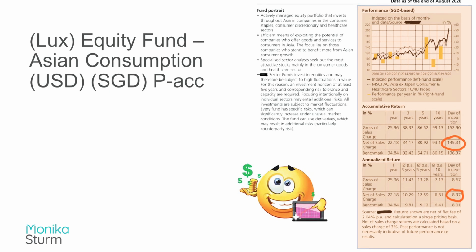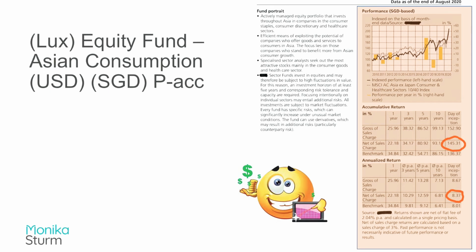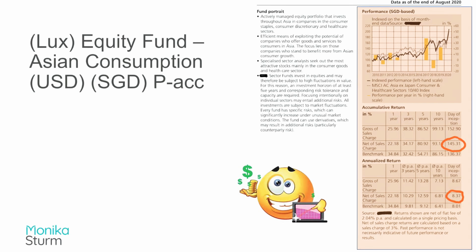The yellow bars reflect the year-on-year performance. They show positive returns for the years 2010, 12, 13 and 17, negative returns for the years 2015 and 19, and in the years 2014, 15 and 16, the fund's return was just slightly above zero.